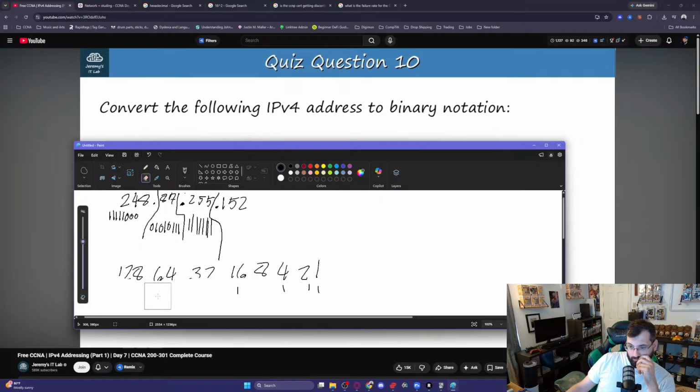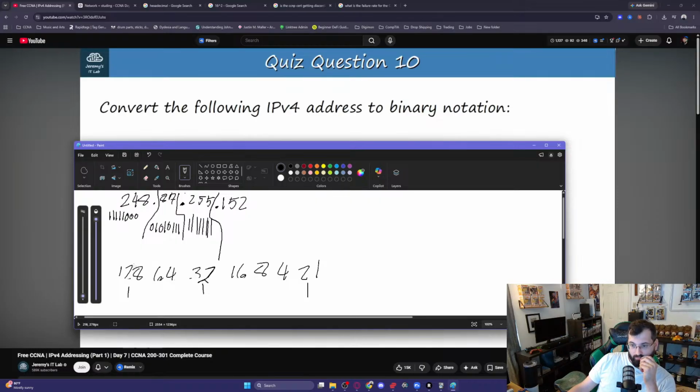152. That makes 150. Because 5 and 2. 2 and 8 equal 10.